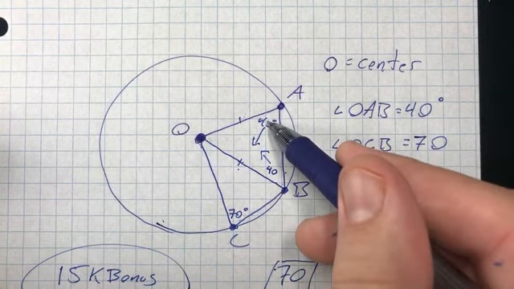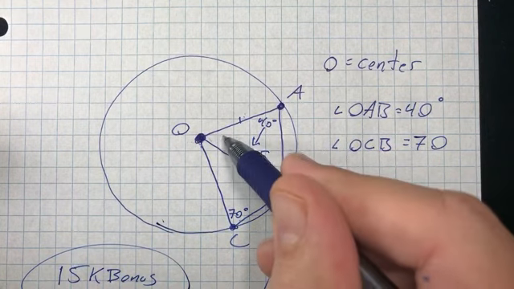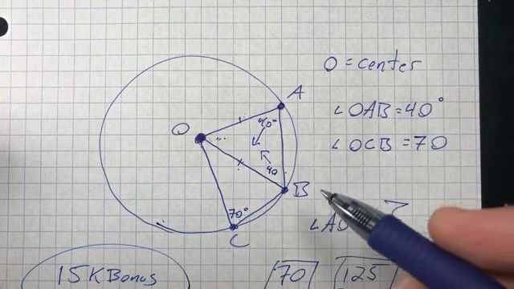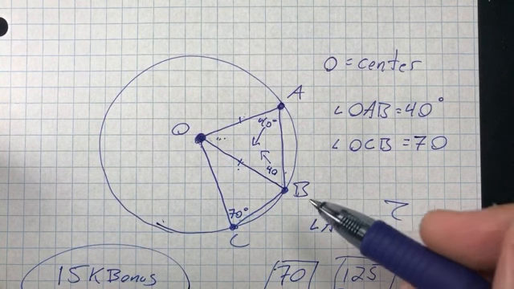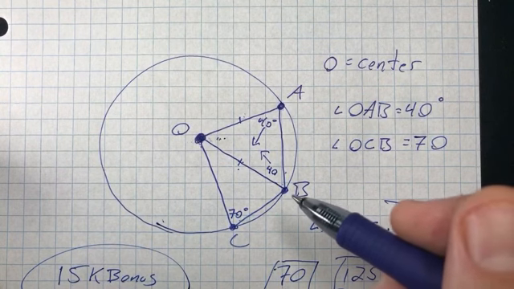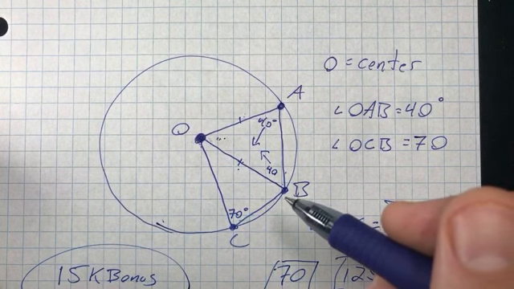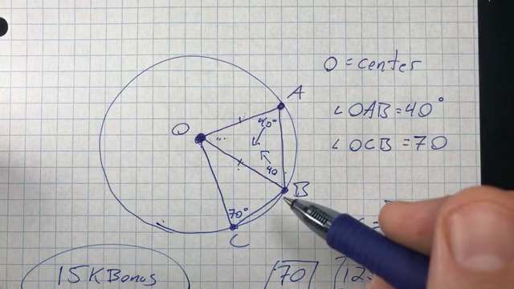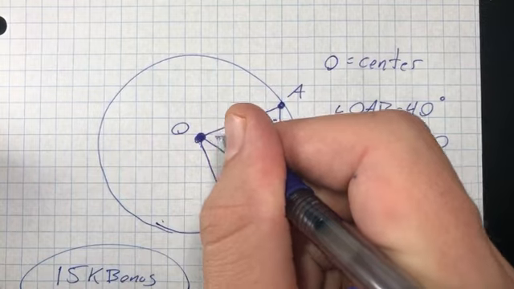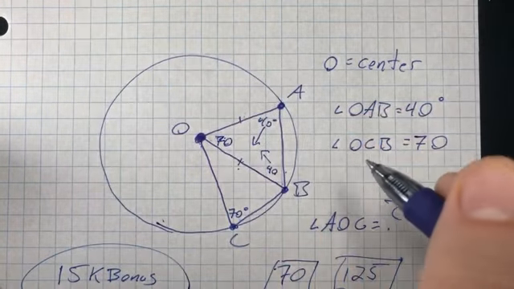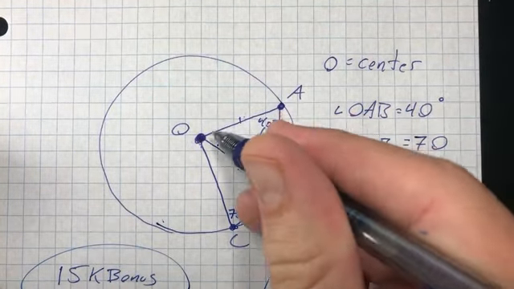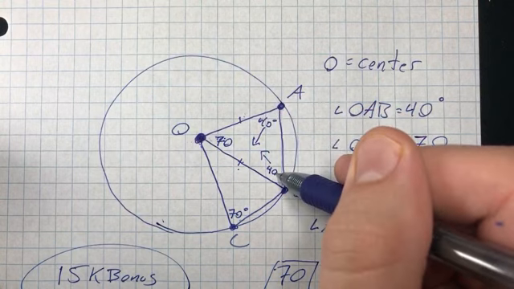So if this is 40 and this is 40, what is this angle in here? I'm sure you guys could figure it out. So we have 70 right here. Came in correct, right? Because this all adds up to 180, and 40 plus 40 is 80.